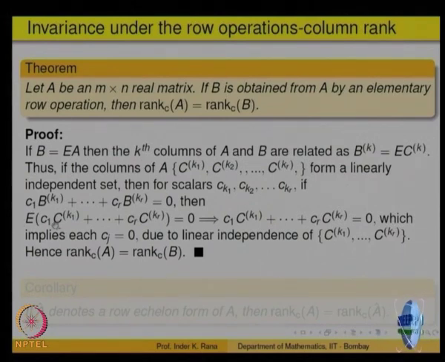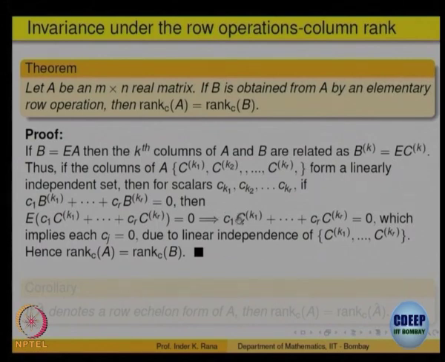But if this is equal to 0, what is E? E is an invertible matrix, by the fact that every elementary matrix is invertible. So if E applied to a matrix is equal to 0, then that matrix itself should be 0, because E is invertible, I can operate on both sides by E inverse if you like.